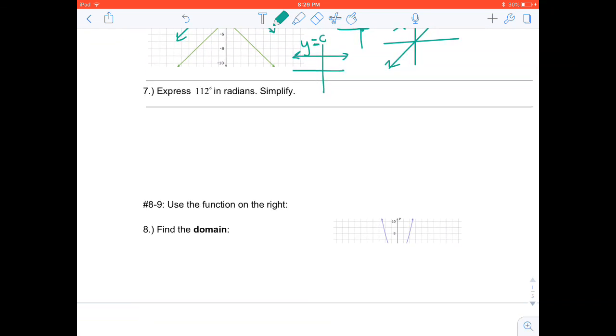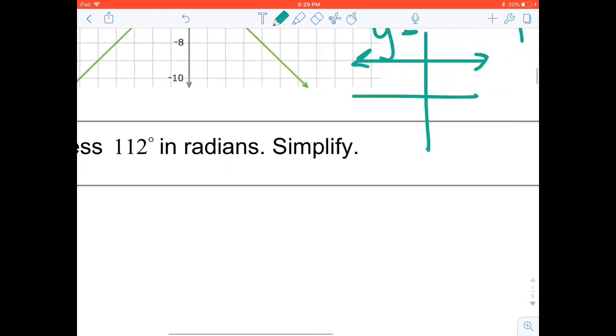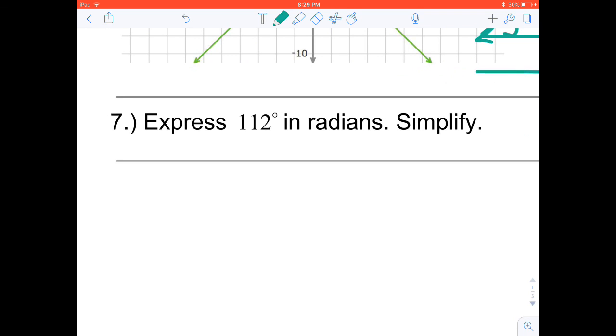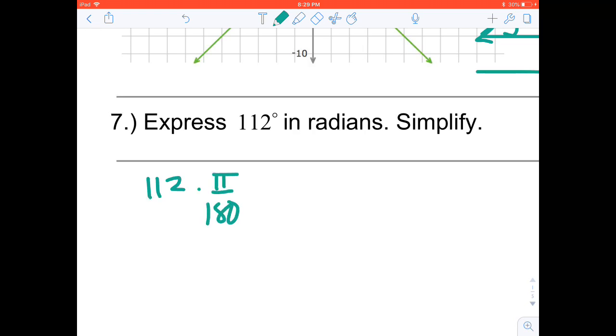Number 17, we want to express 112 degrees in radians. So I'm going to have to multiply this by pi over 180, because that is how we change from degrees to radians. So we have 112 times pi over 180.